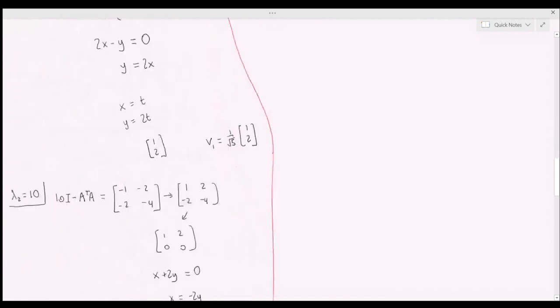Well, okay, not yet. I guess before that, let me talk about the full singular value decomposition first.